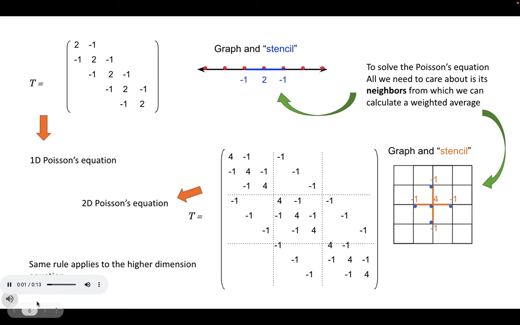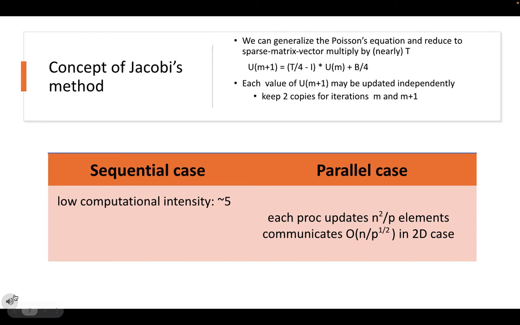To solve the Poisson equation, we need to know the neighbors' values, and with these values we can calculate the weighted average on each stencil. We can generalize the Poisson equation and reduce it to a sparse matrix-vector multiplication by T, and each value of the stencils can be updated independently.